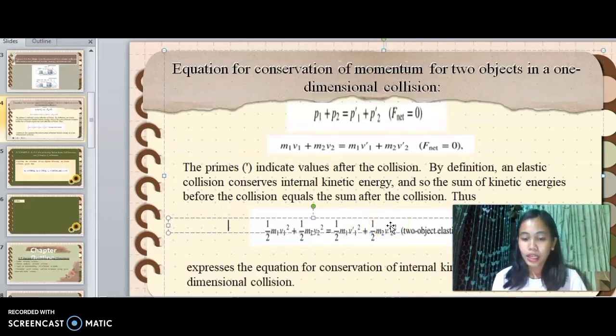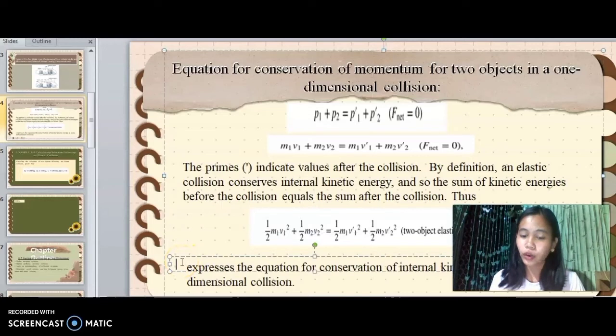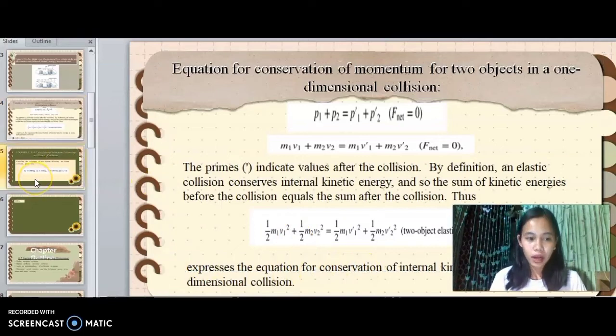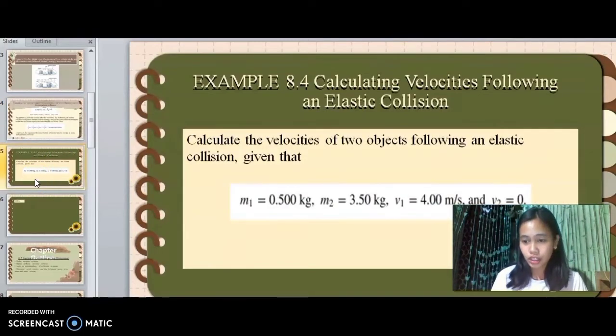That is in a two-object elastic collision. This expresses the equation for conservation of internal kinetic energy in a one-dimensional collision.